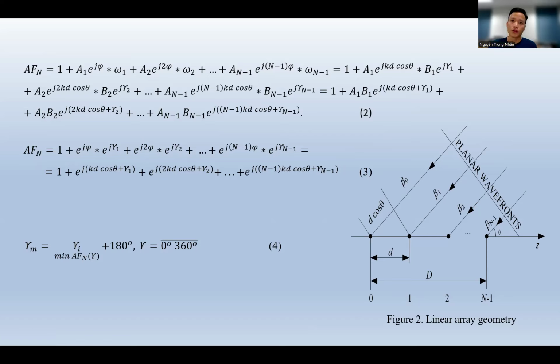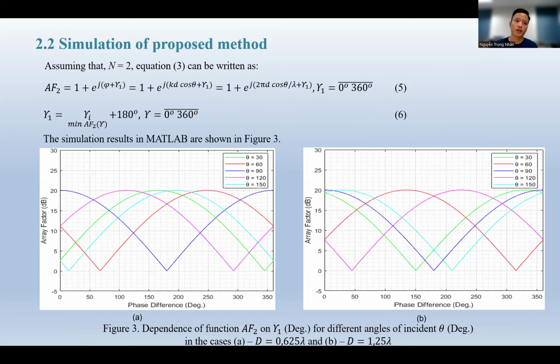Let's move on and discuss the simulation of the proposed method. For a given number of array elements, the array factor can be written as formula number 5. And to determine the phase shift gamma, we use formula number 6.